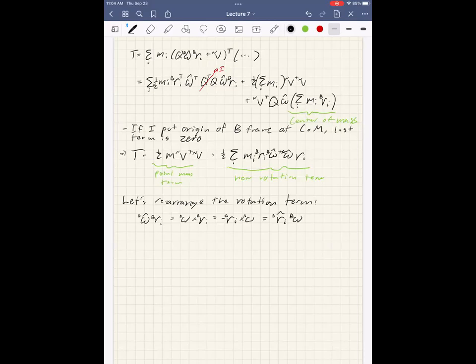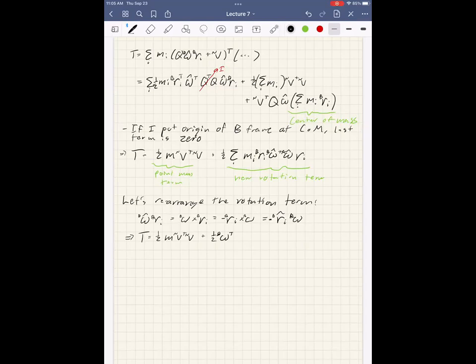I can flip which one goes into the 3x3 skew symmetric matrix and which one I pull the vector out of, and I just pick up a minus sign. Clear? Okay, so I'm going to do that in the expression we had. We end up with T equals 1/2 total mass V transpose V plus 1/2, and I'm going to pull the omegas out. That's why I did this.